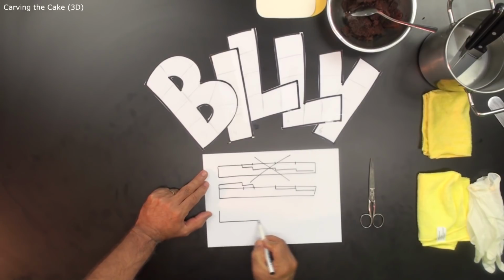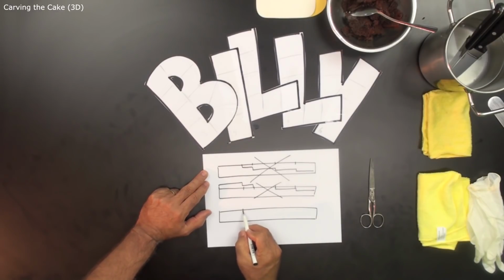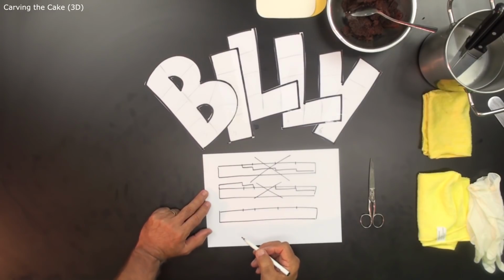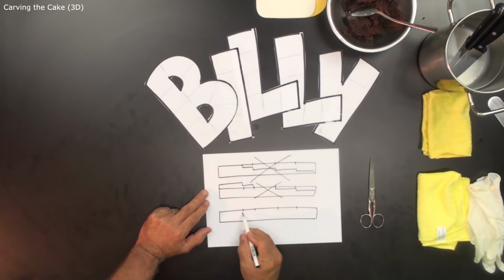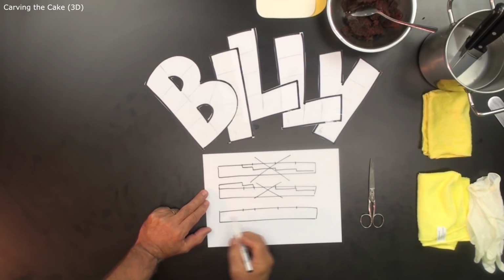Let's say the cake again looks like this. So that's not an option also. The B and the I and the L and the L and the Y. So I like to take I as the untouched optimum height. Then I will increase the B from halfway up, like this.